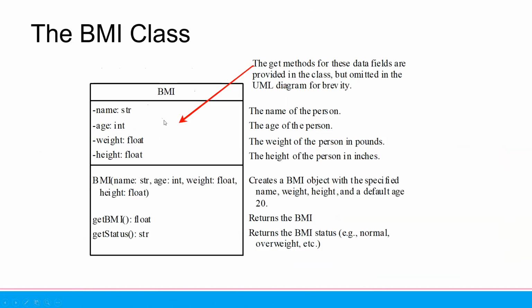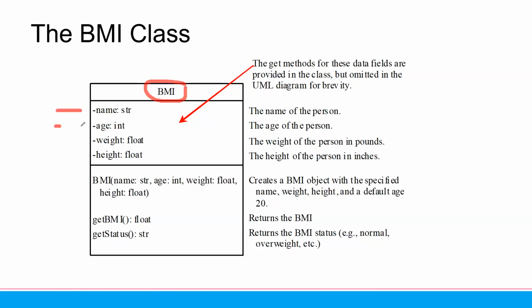Now, let's see another example. Can you explain this one? So we have the class name. Okay, the class name is here.